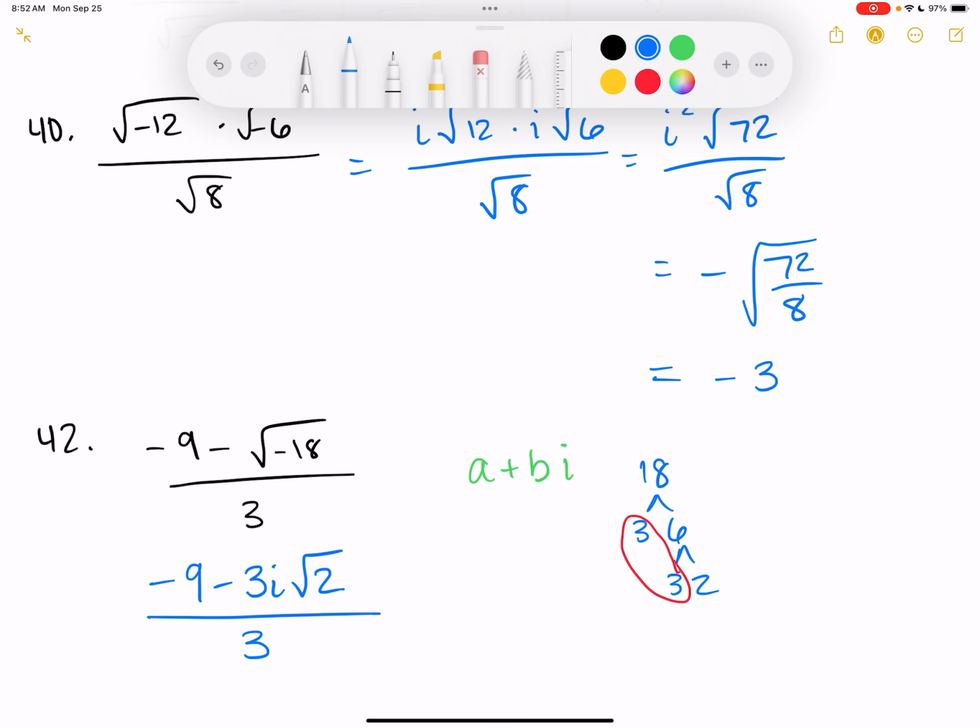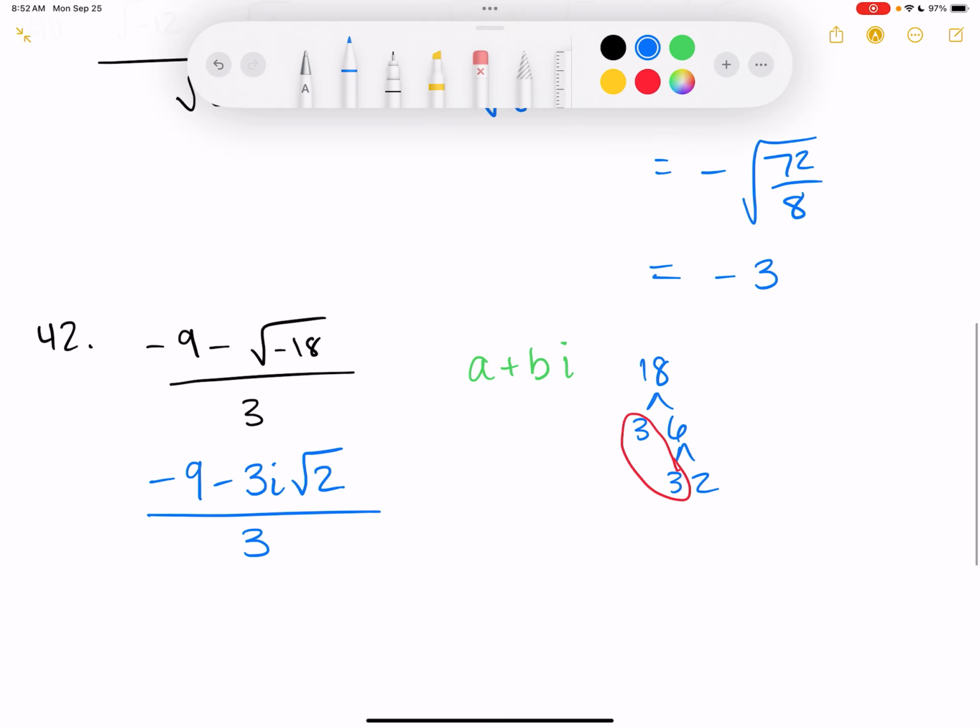But what I can do is on top, I can take out a 3 from both pieces. So I can factor it out. I'm just going to take out a 3. It doesn't need to be negative because there's no negative to cancel. So take out a 3 on top. That leaves you with negative 3 minus i root 2 all over 3.